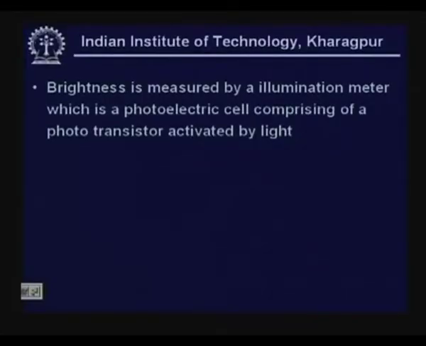We already said brightness could be measured using an illumination meter, which is activated by a photoelectric cell, and we have seen how a photoelectric cell is nothing but a semiconducting layer and a conducting transparent layer which generates electric current upon exposure to light.